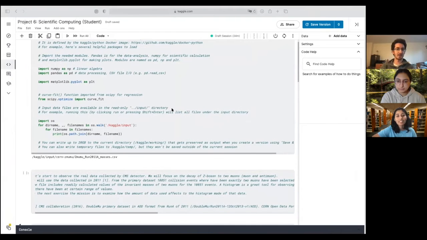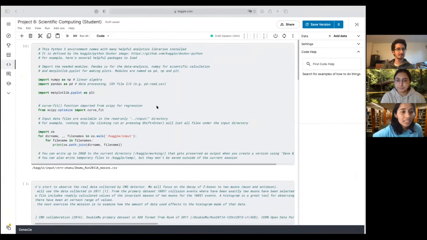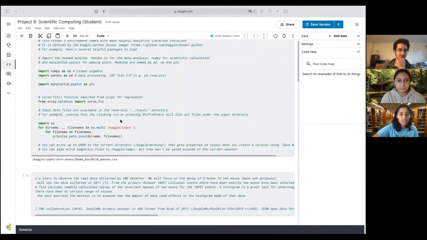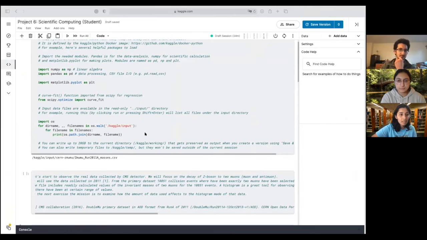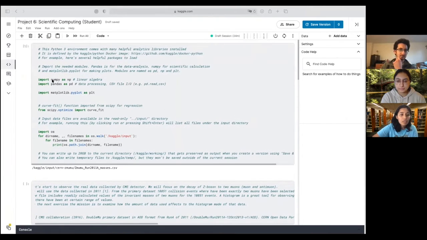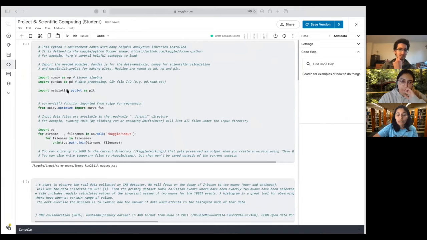All right, I think we're ready to go. Here we have the Kaggle notebook as we've been using in the previous lessons. For this particular lesson, you need some libraries. The first one is NumPy, which is used for linear algebra. The next one is Pandas, for data processing.